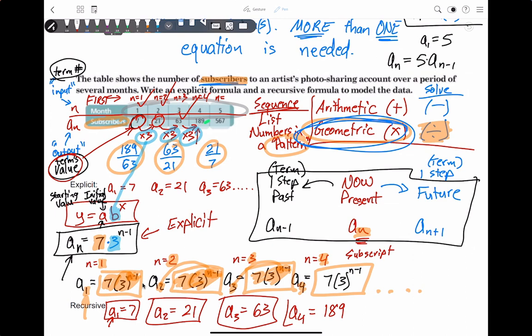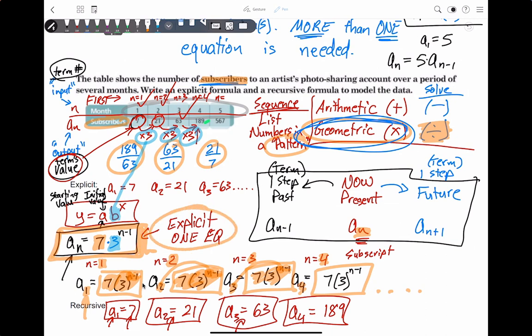All you need is 3 to establish the pattern, and I used these first 3, and then you have your recursive formula. So the explicit formula, only one equation is needed, okay? And that equation is going to be right here. So this is your explicit formula.